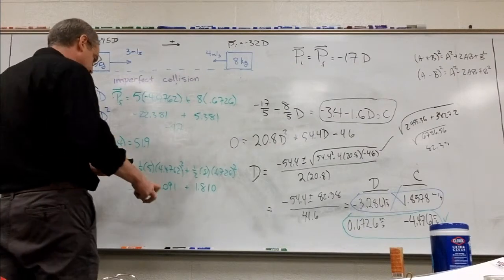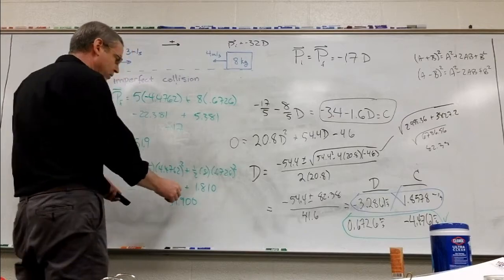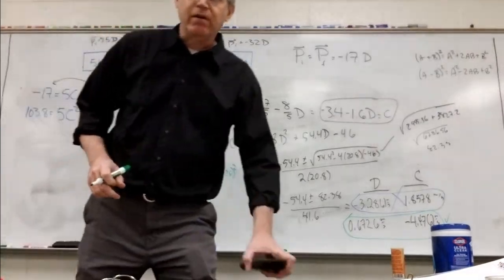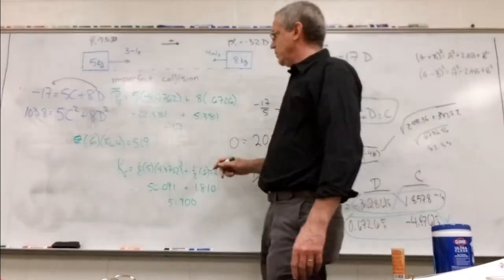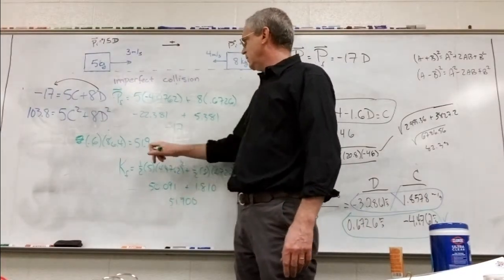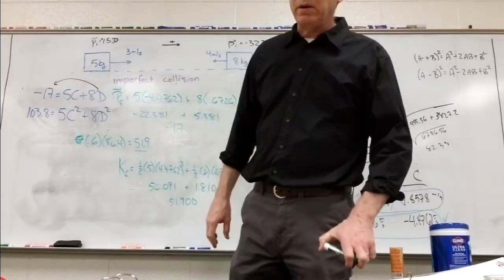Add them together and get 51.900. So we did not make a careless error. We have exactly what we expected. If we did make a careless error, it was in calculating that number right there. However, the math we did was absolutely spot on.